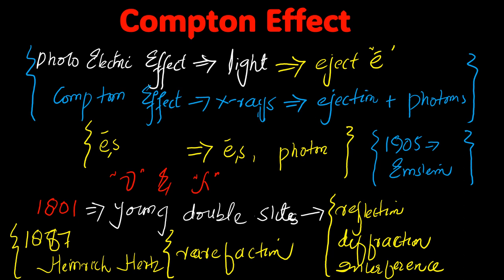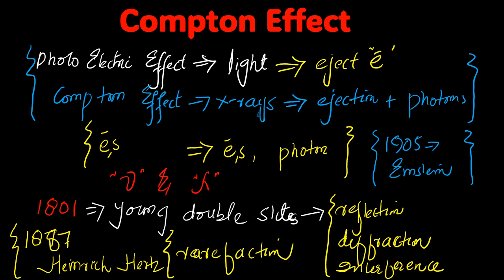Photons are present in bunches of packets, and these packets are known as quanta. Whenever quanta of light fall on the surface of a metal, they result in the ejection of electrons, which causes the electric current.